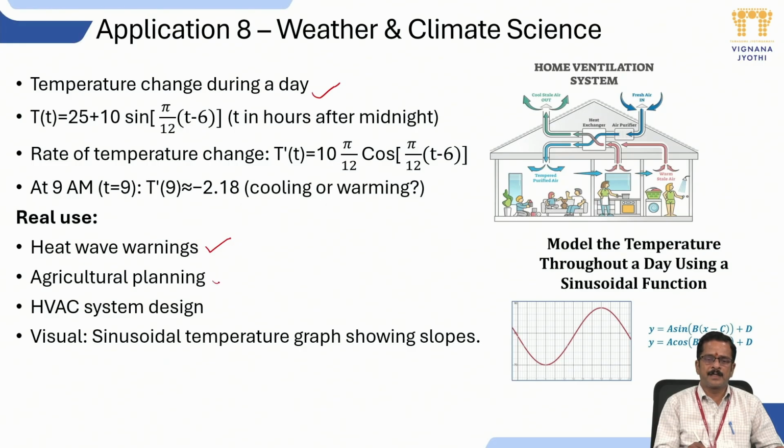And agricultural planning, HVAC system design. HVAC means heating, ventilation, and air conditioning, air and cooling systems. This HVAC system design is also done using derivatives.